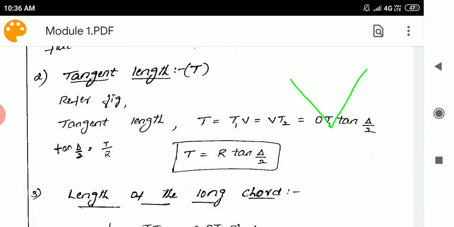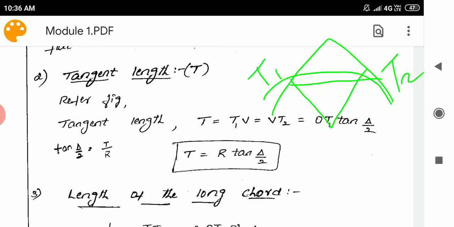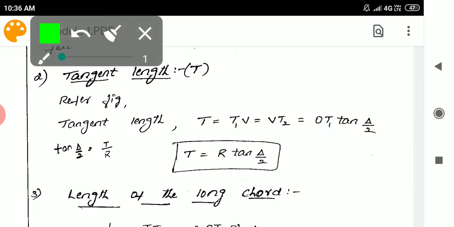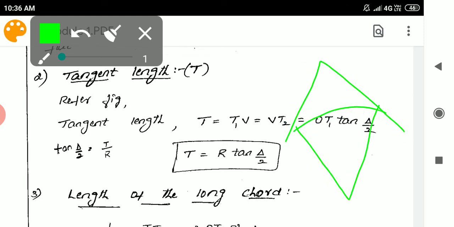See here, this is the curve, this is the T1 tangent, this is the T2 tangent, and this is the chord. This point is V. T1 V and T2 V make an angle, so it is delta by 2 at V T1 T2.